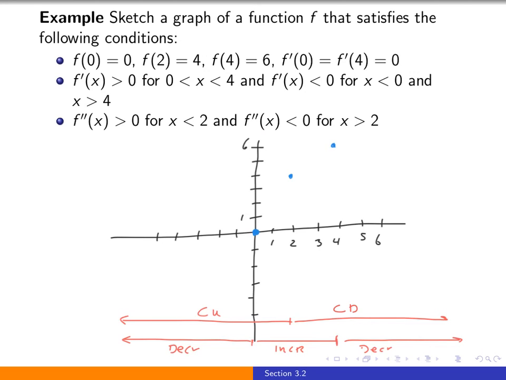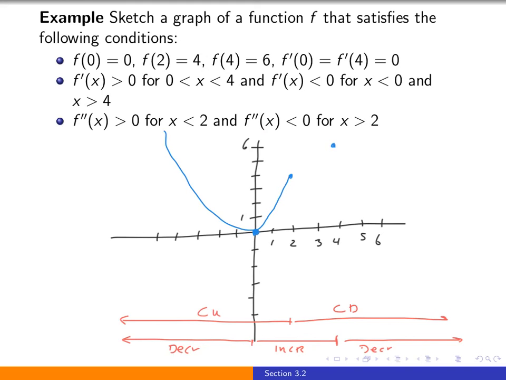Starting off to the left, our function is decreasing and concave up until we hit 0. So decreasing, concave up. When we hit 0, we continue to be concave up, but we change to increasing until we hit that point 2.